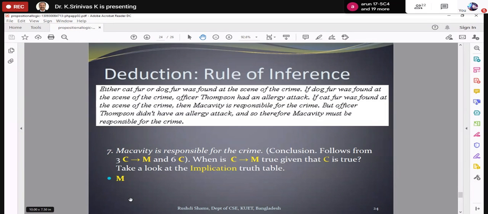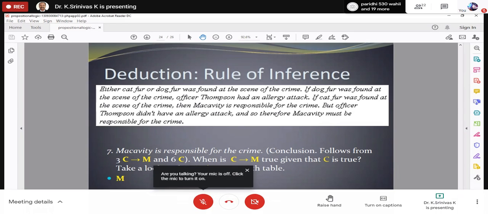Why are we going for so many rules? Suppose I am developing an artificial intelligence system at home. I just want to make my entire home automated. So I am writing a routine that if the temperature is greater than 28 degrees, then the AC must be on. This is my routine.